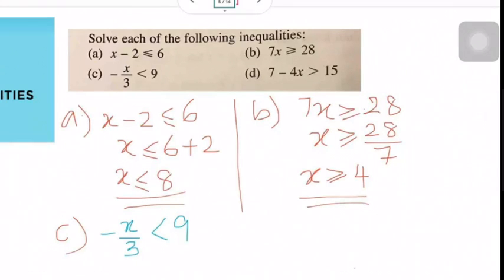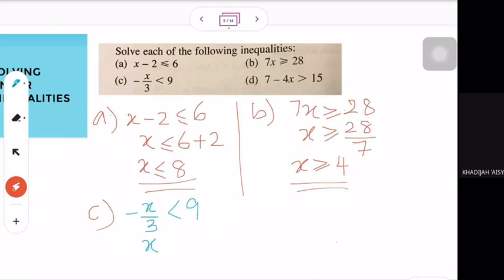Okay, for C, negative x over 3 is less than 9. Now if I want to leave x only here, only x on the left side, what do I do with the 3? Times 9. Times 3. What about the negative? Bawa sekali lah. Bawa sekaligus terus. So 9 here, you multiply negative 3.